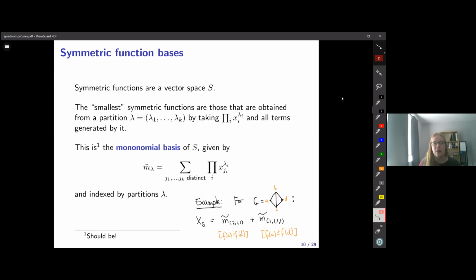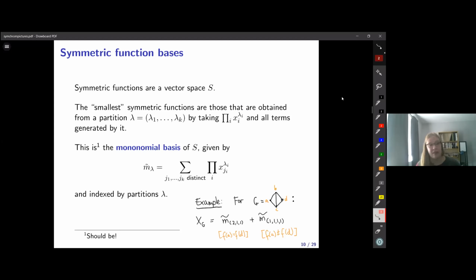And then one of the ways people look at symmetric functions is that they are a vector space, and people look at bases. And so to look at bases, we kind of have to understand what information symmetric functions actually hold, right?